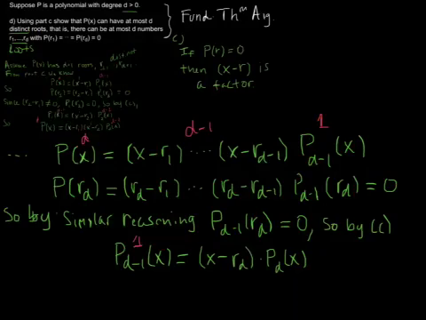Well, what's the degree of this polynomial? It is also 1. So what must be the degree of this polynomial? It's not too hard to see. If you have degree 1 divided by degree 1, all you're left with is the coefficient.